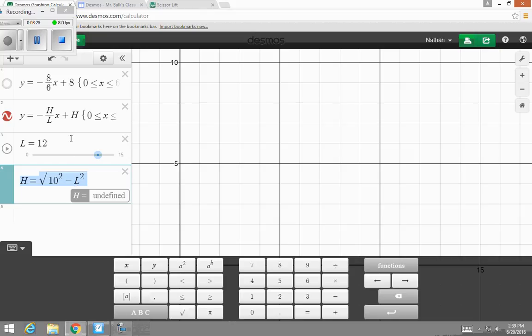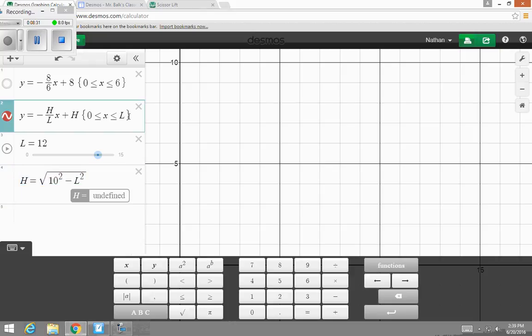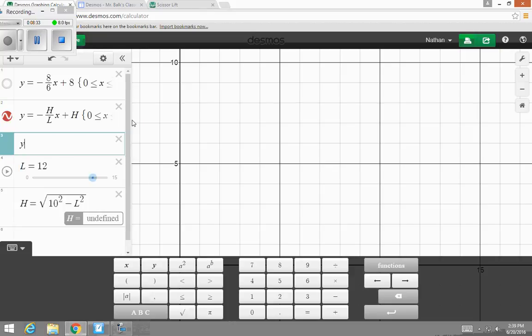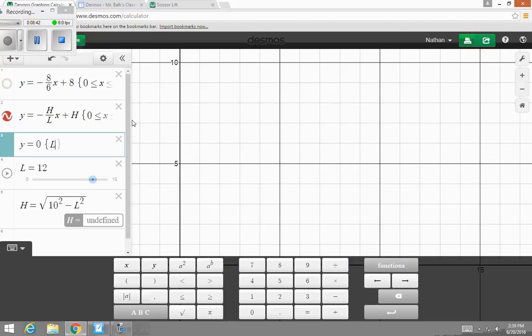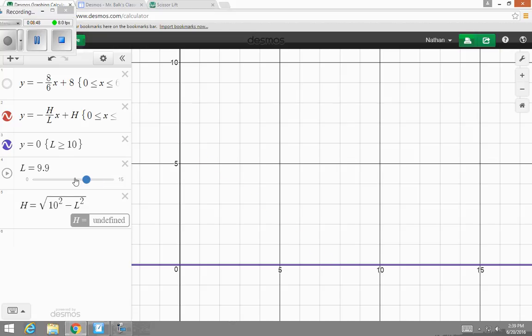But I can tell this story by adding in one more line. What I'm going to do is I'm going to say, hey, I want to showcase the ladder being on the ground. But that only happens fully on the ground when the length away from the wall is greater than the length of the ladder. So right now it's still falling down the wall, and it will fall down the wall until L becomes 10.